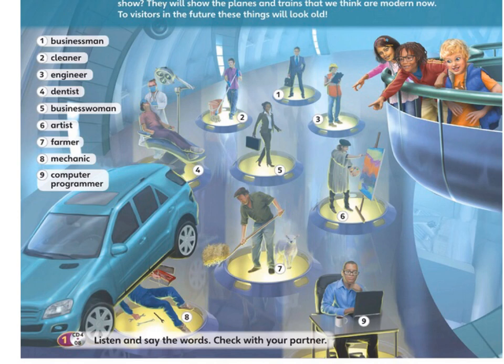Dentist. 5. Businesswoman. 6. Artist. 7. Farmer. 8. Mechanic. 9. Computer programmer.